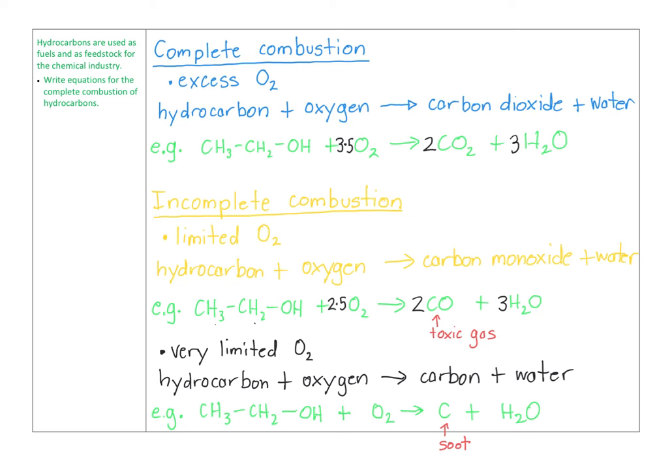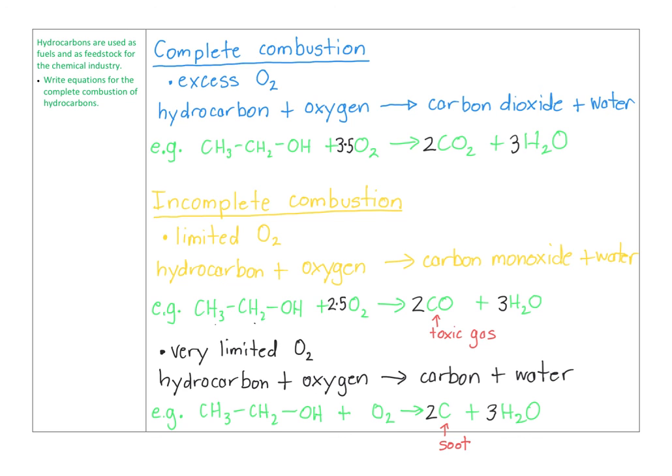And then finally, if we've got a really limited supply of oxygen, and this is what tends to happen when you've got that air hole closed completely on the Bunsen burner, you'll get a very yellow flame. It'll be a very sooty flame. And then, again, let's balance 2 carbons. So we need a 2 here, 6 hydrogen, so we need 3 water.